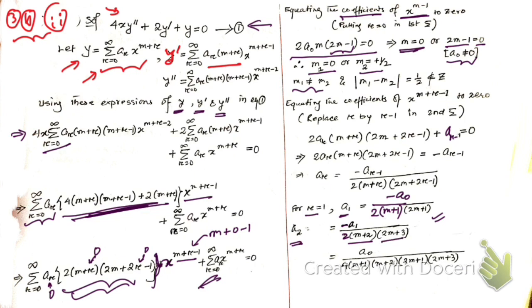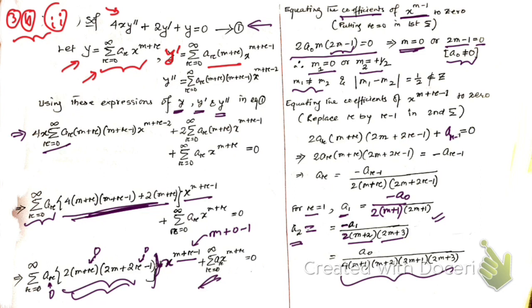On putting r is equal to 2, we have got this. Again you can put the value of A1 here. If you replace A1 by this value, you're going to get this result, right? Similarly you can find A3, A4, and so on.